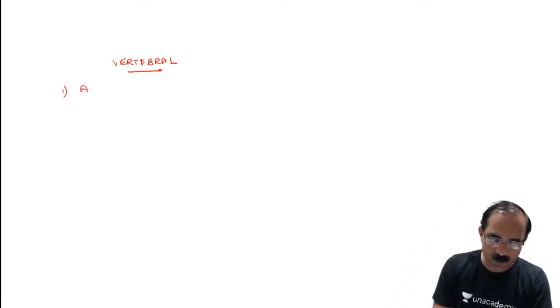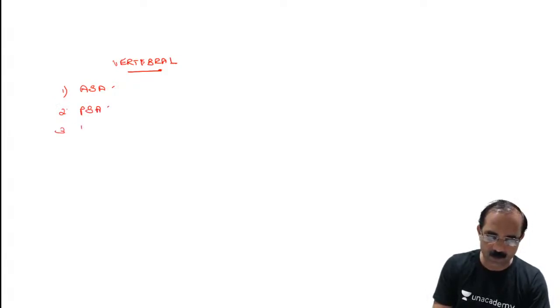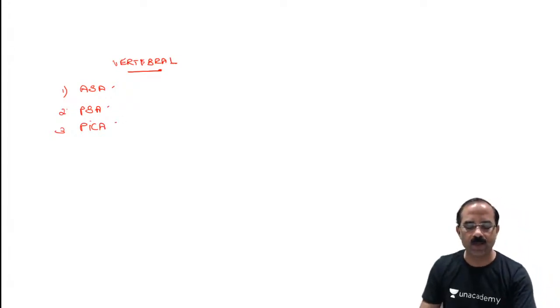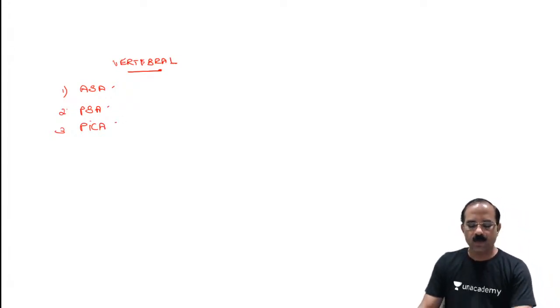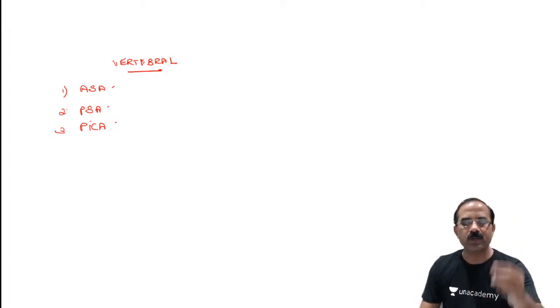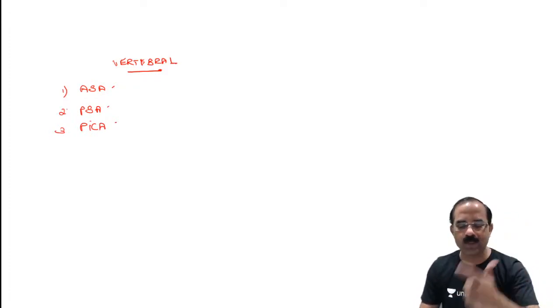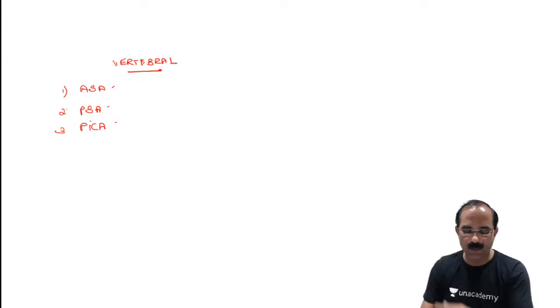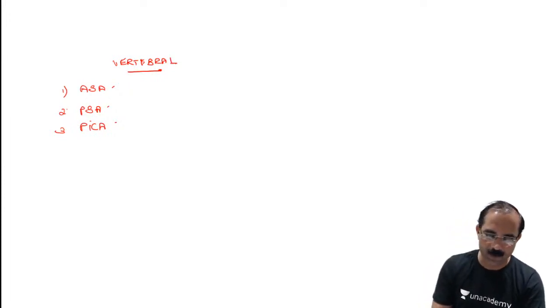What is that? Anterior spinal artery. Second, posterior spinal artery, and third, the posterior inferior cerebellar artery. Remember this, branches of vertebral: anterior spinal, posterior spinal, and the posterior inferior cerebellar.